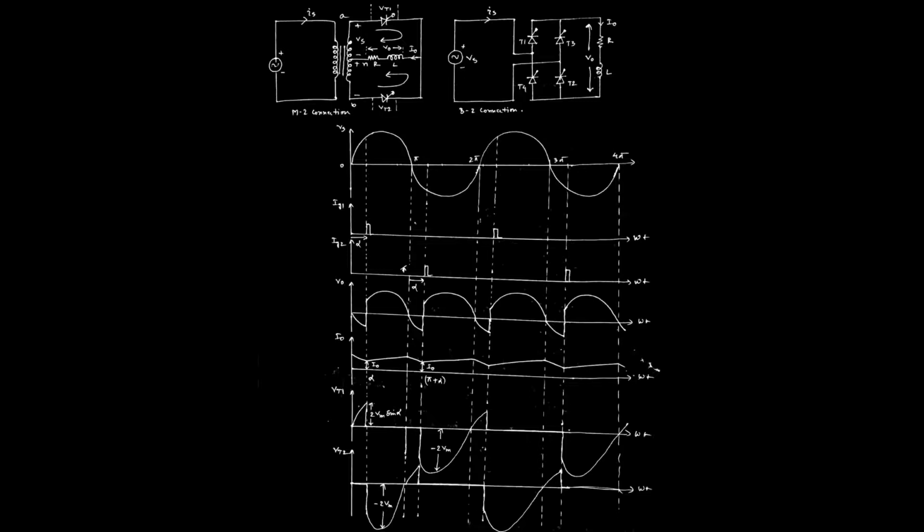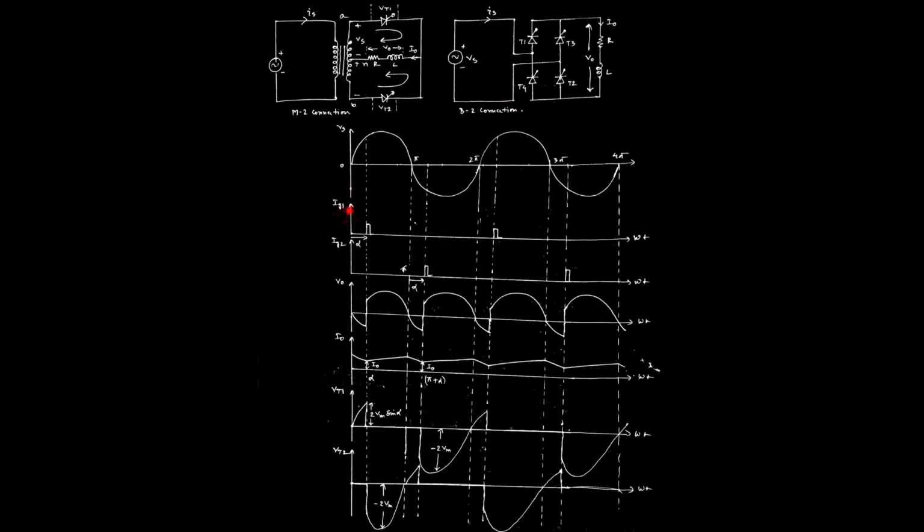So this is all about the waveforms of the output voltage and output current, as well as the terminal voltage across the two thyristors T1 and T2 respectively. The same thing can be done by using the B2 connection also, and the waveforms will be almost the same. The one change is in the gate pulses, as in the B2 connection there are four thyristors.